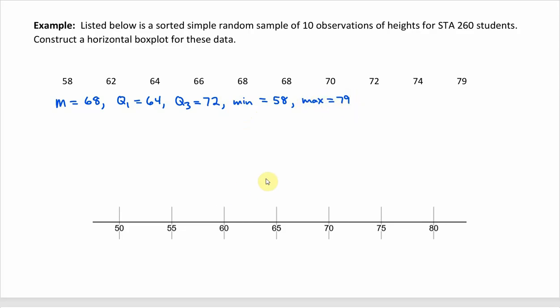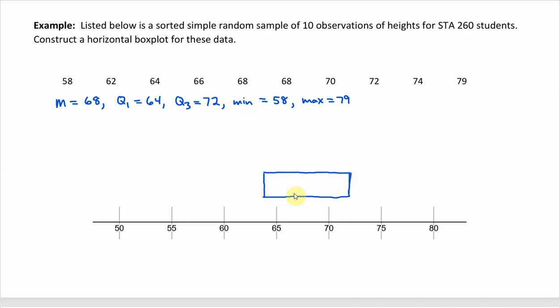All right, 64 would be a little bit below the 65. And 72, between 70 and 75, a little closer to 70. So maybe something like that. And then you just connect these lines together to get that box shape. All right, so something like this.